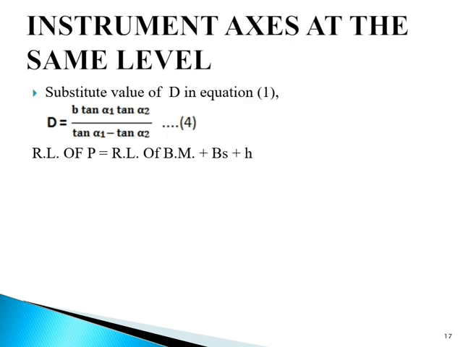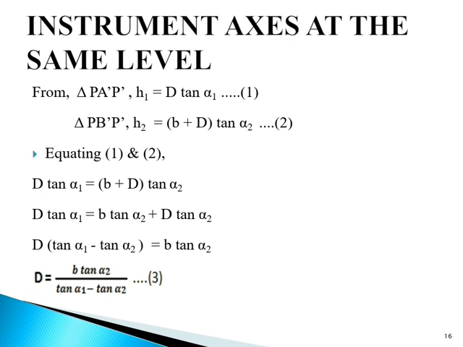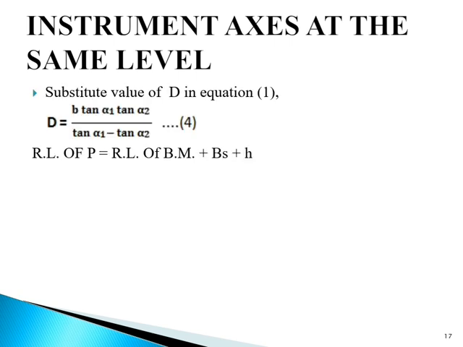So substitute the value of D in equation 1, h1 is equal to D tan alpha 1. From that equation we get h1 is equal to b tan alpha 1 tan alpha 2 divided by tan alpha 1 minus tan alpha 2, and it will be termed as equation number 4.